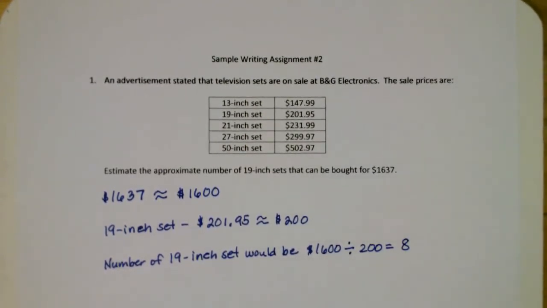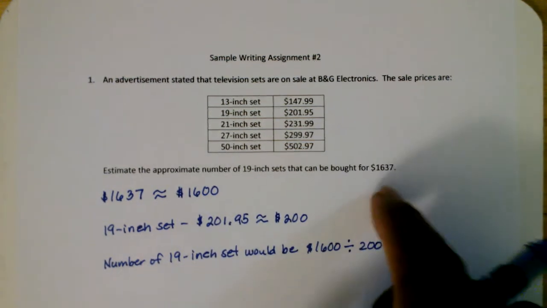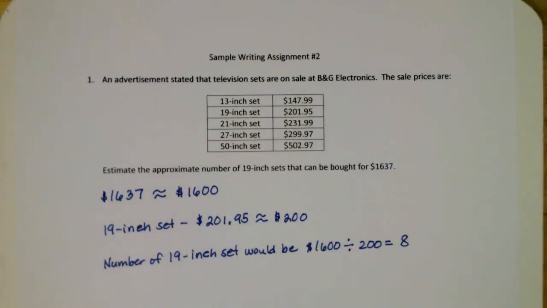That would give us 8. So the approximate number of 19-inch sets that can be bought for $1,637 would be about 8. So with the money that we have, we can buy approximately 8 19-inch sets. Okay, so that's problem number 1.